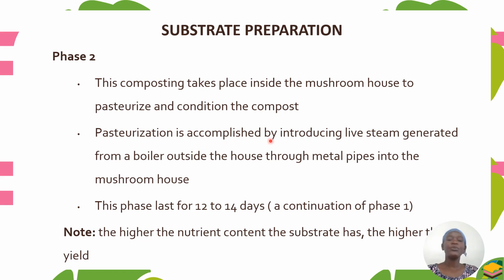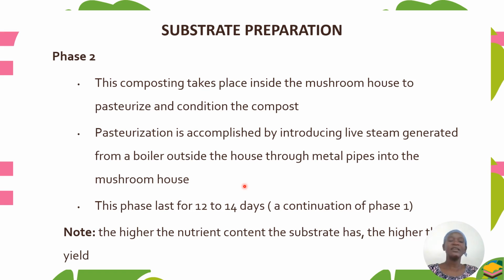Pasteurization is accomplished by introducing live steam generated from a boiler outside the house through a metal pipe into the mushroom house. So what happens is that inside the mushroom house, you are going to put your partially decomposed substrates.